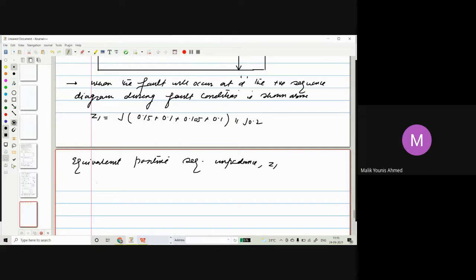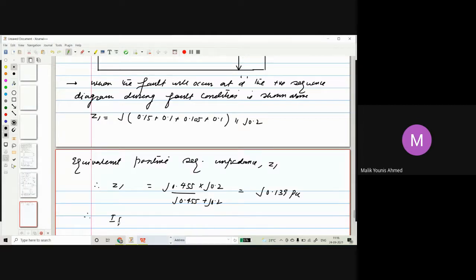Therefore, when we calculate that, Z1 will be j0.455 multiplied by j0.2 divided by j0.455 plus j0.2. That will come out to be j0.193139 per unit. And therefore, this is the impedance.